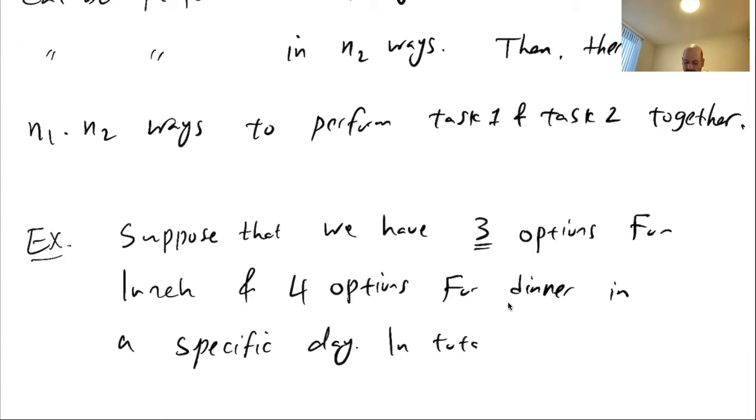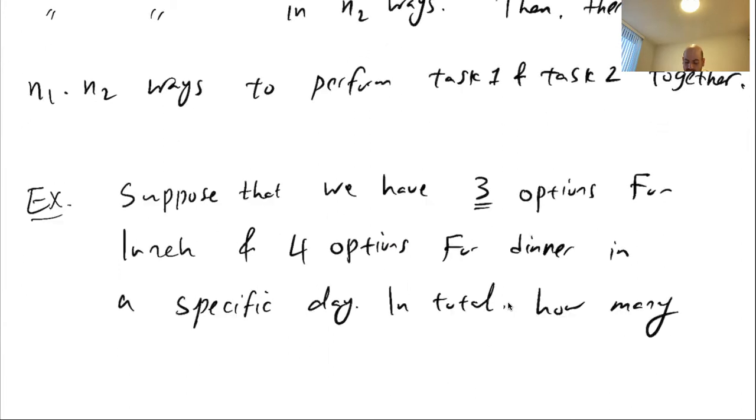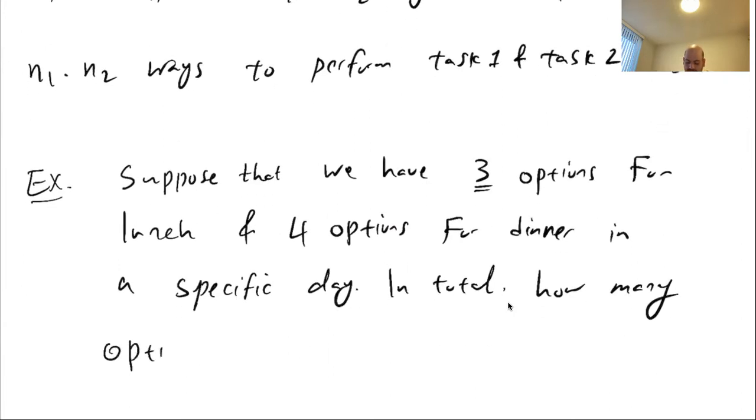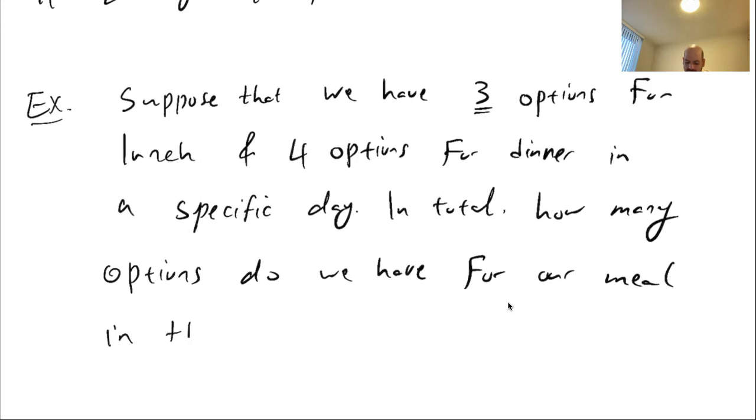In total, how many options do we have for our meal in that day? So 3 options for lunch, 4 options for dinner. How many options in total for lunch and dinner?